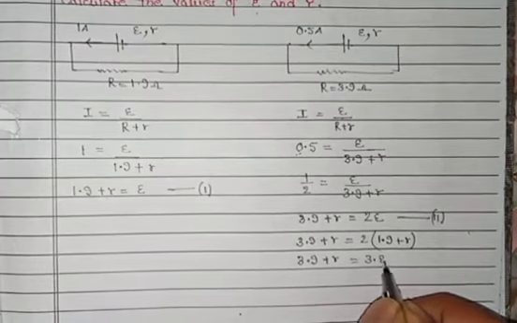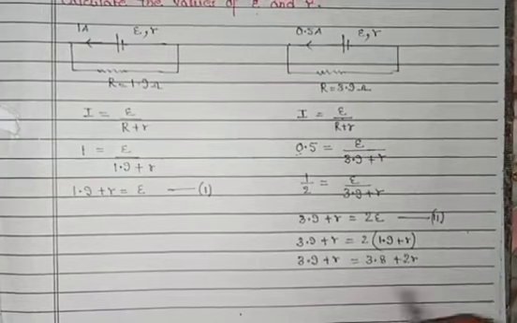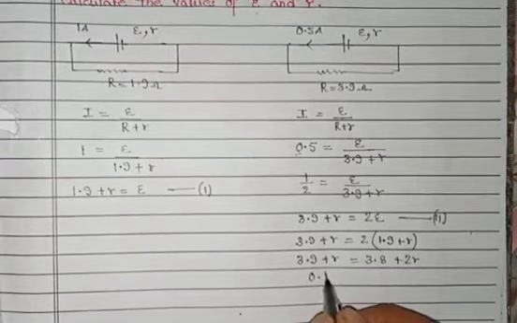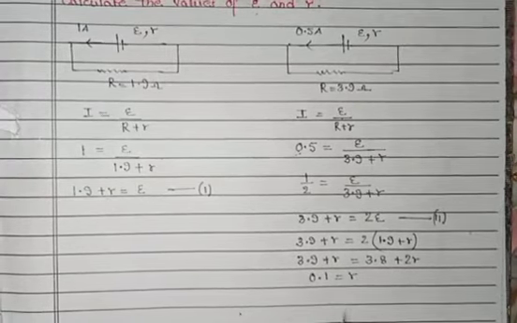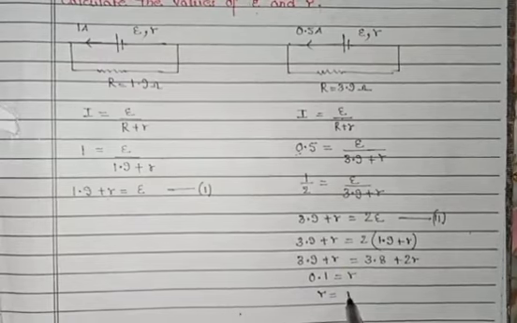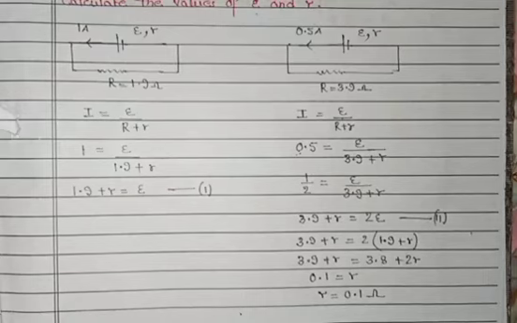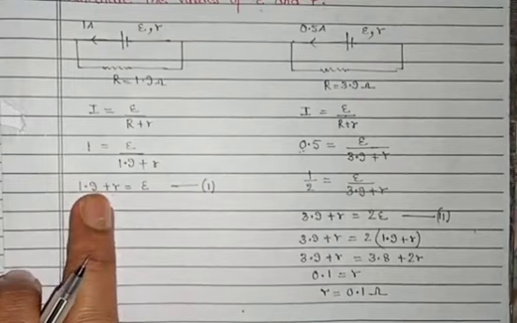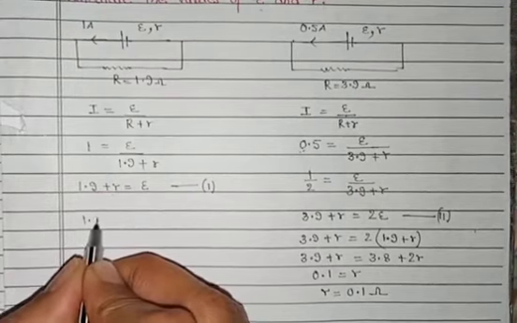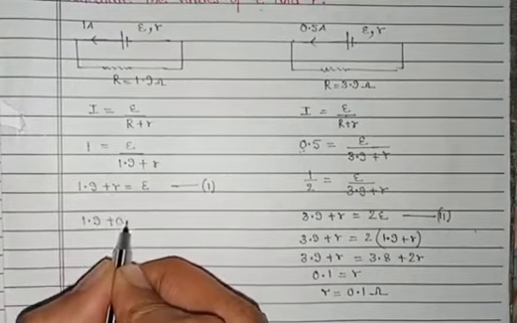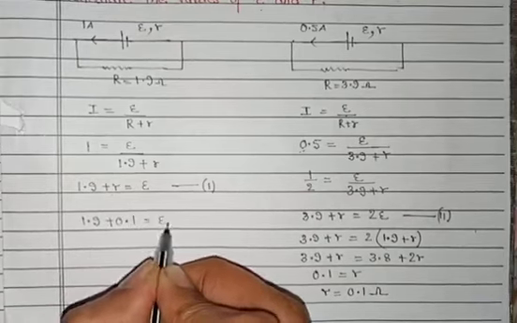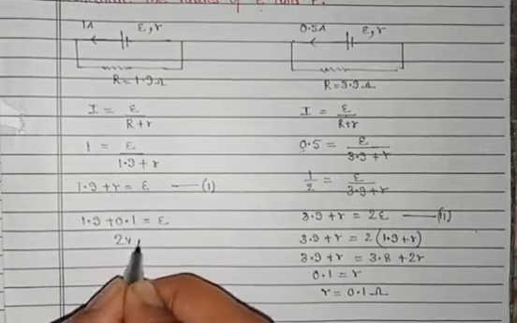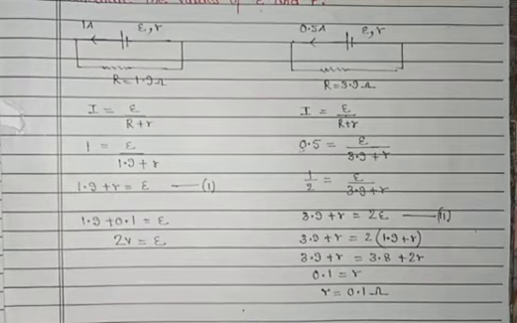Open the bracket. So you will be getting small r, that is internal resistance, 0.1 ohm. That's the internal resistance. Now let's substitute this value of internal resistance in equation number 1, and we can get the EMF of the cell. So EMF of the cell will be 2 volt.